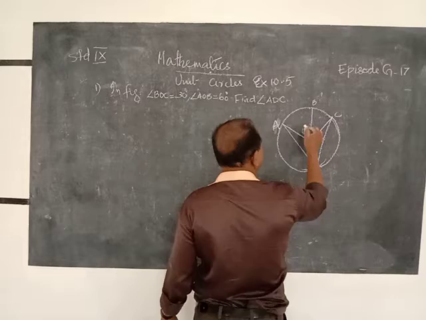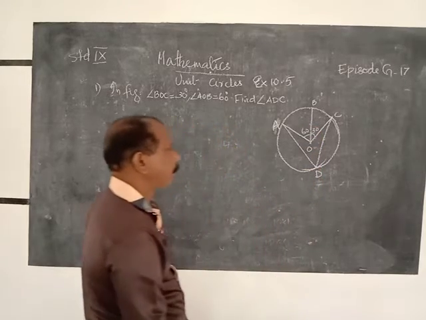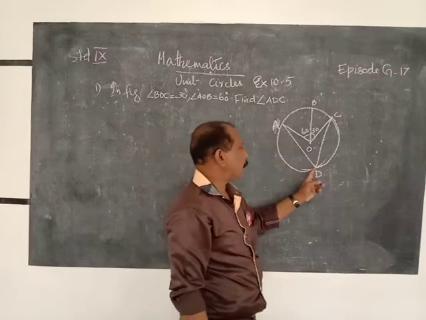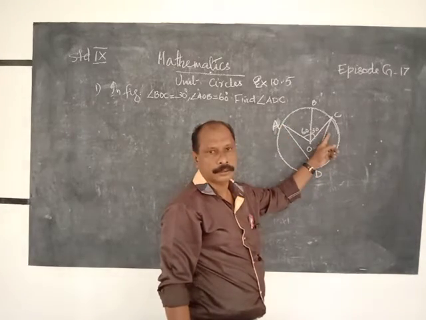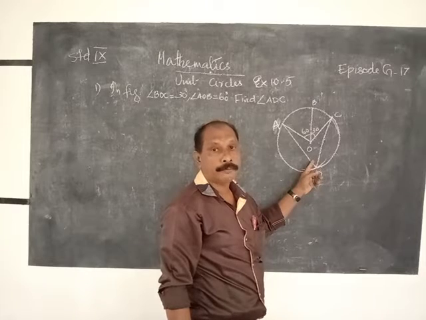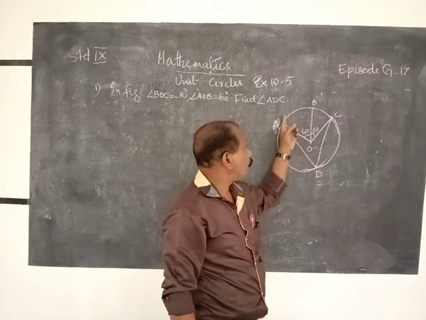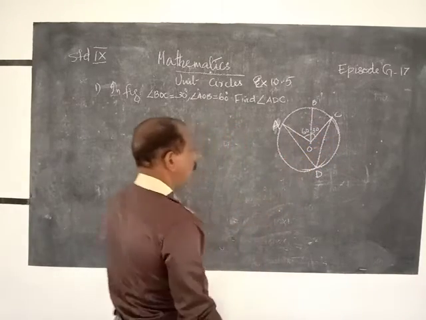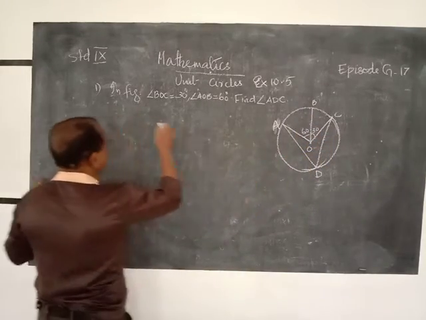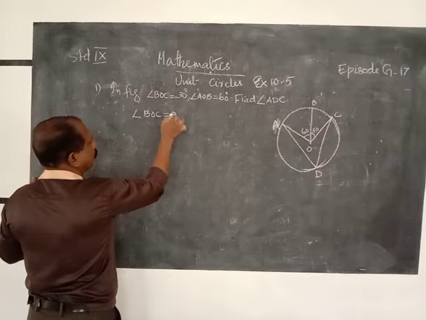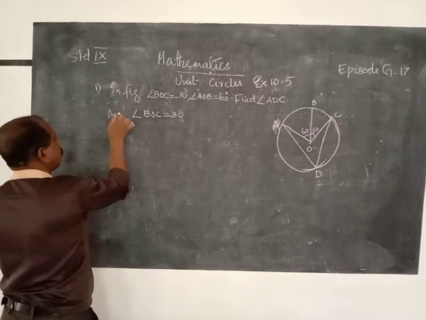This angle is 60 degrees. This is an inscribed angle ADC. The inscribed angle on a circle is half of the central angle of the opposite arc. That is a theorem for that chapter. Therefore, we know that angle BOC is equal to 30 degrees.